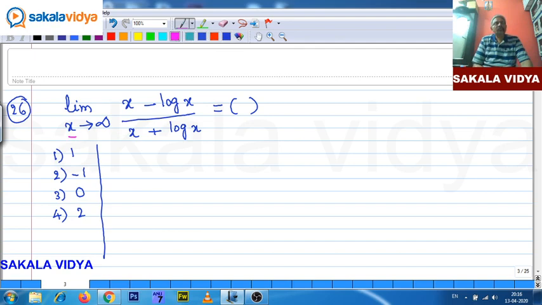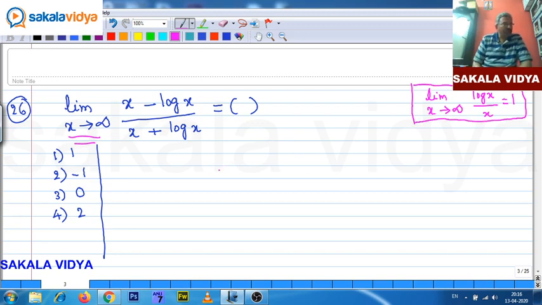Okay, limit x extends to infinity, x minus log x by x plus log x. Here see, we have limit x extends to infinity. You remember this formula, log x by x equals 0, or you can apply L'Hospital's rule and you will get it. You remember this one. So, from numerator take x common, from denominator take x common.